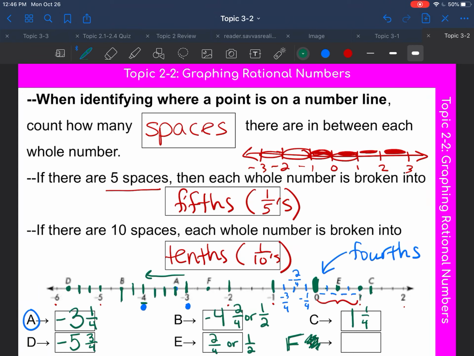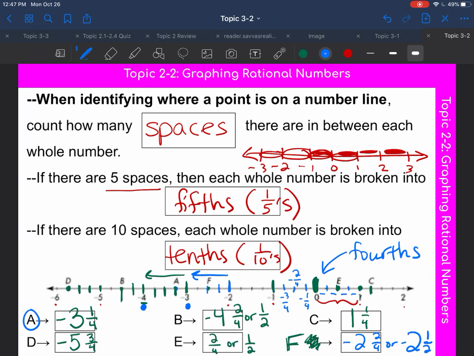F is right here. We have negative 2, and we're counting towards negative 3. So we have negative 2 and 1/4, negative 2 and 2/4, which is the same thing, negative 2 and a half.